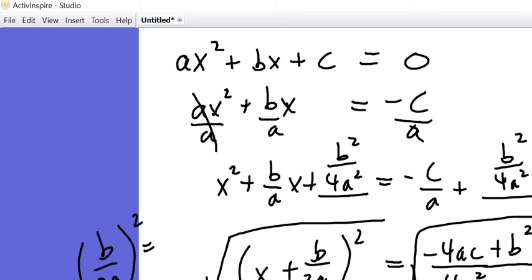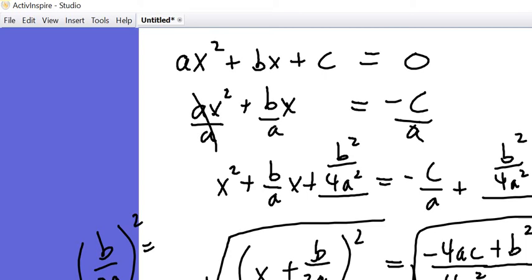Now again, I would never expect one of my students to be able to do this on the first, alright, here you go, solve it. No, I mean, maybe you could, I hope you could. But I do expect you to be able to follow along with the steps, and y'all did. Y'all were telling me what to do before I even got to it. Okay? And notice that we end up with the quadratic formula.